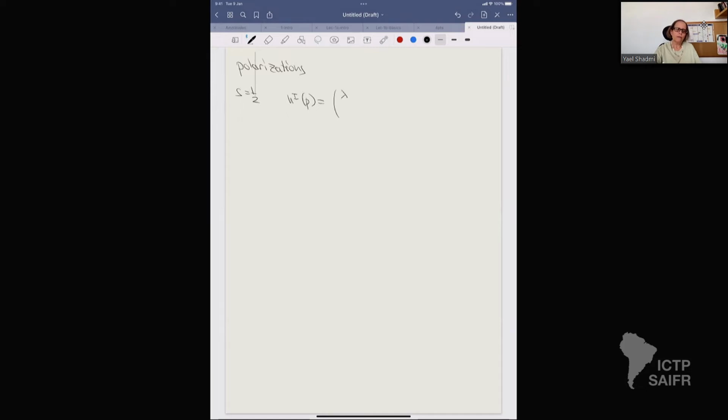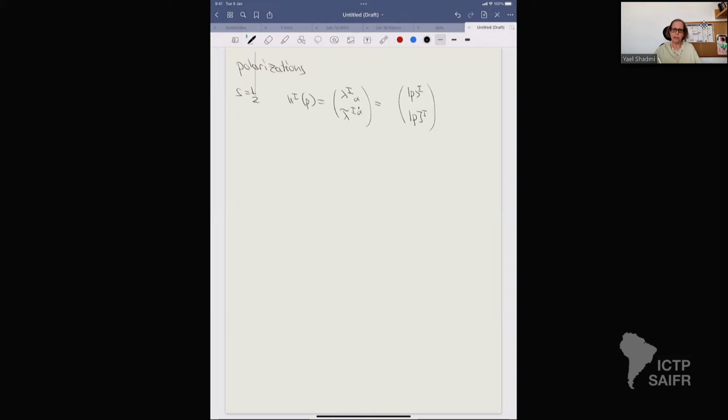We simply write this u_I(p) in terms of lambda_I alpha and lambda tilde_I alpha dot, or using the other notation that we just used with angles and brackets, angles and squares. So we can write the Dirac spinor like this.